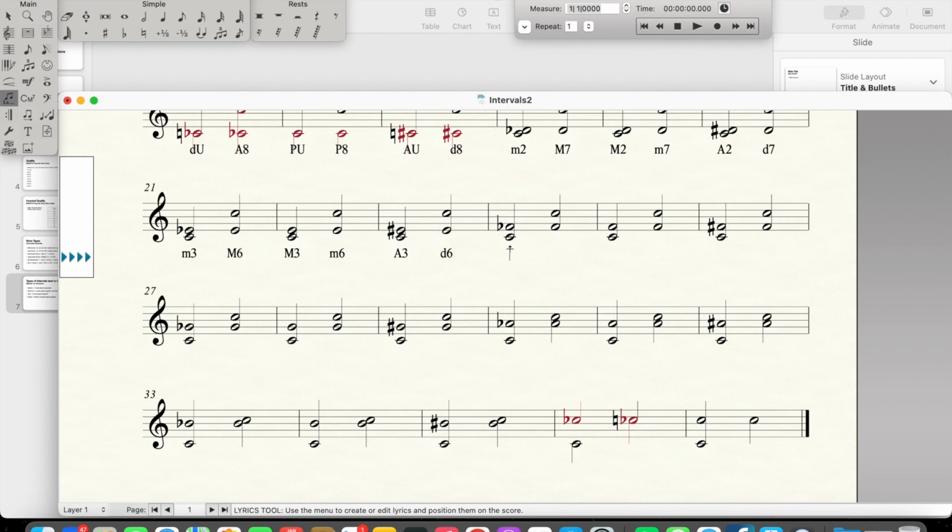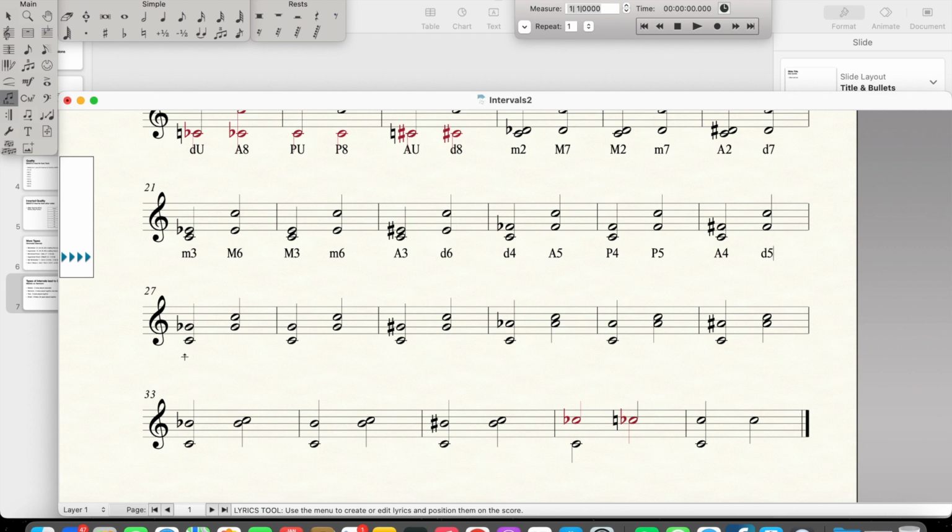All right, a diminished fourth becomes an augmented fifth. A perfect fourth stays perfect. An augmented fourth becomes a diminished fifth.